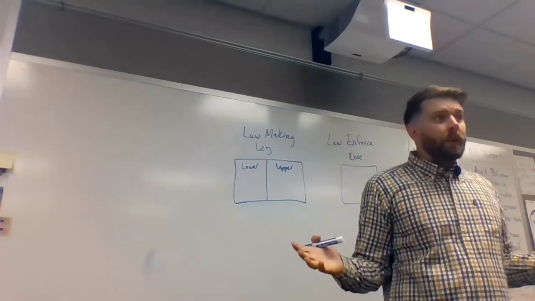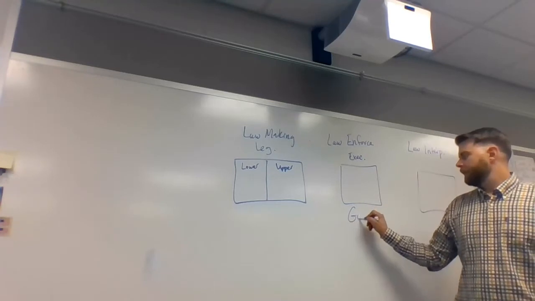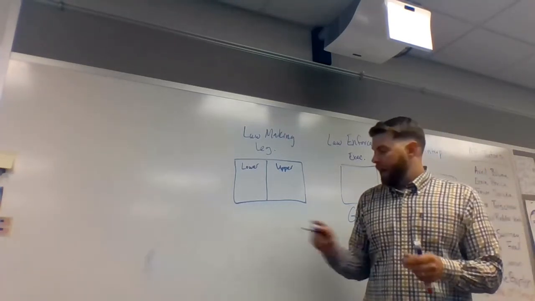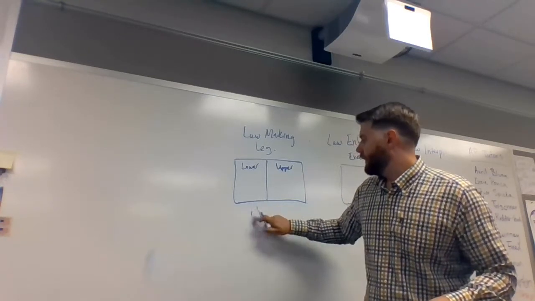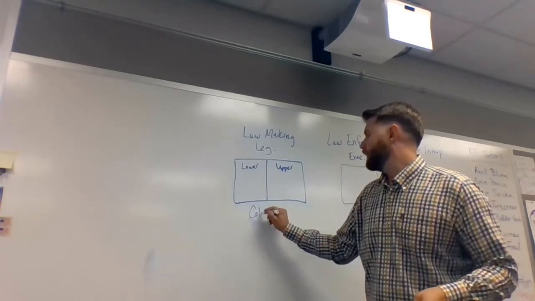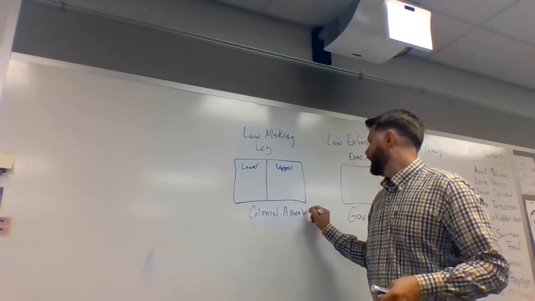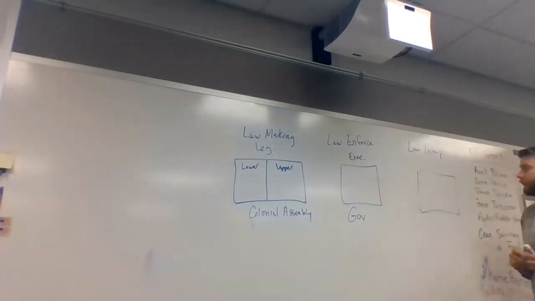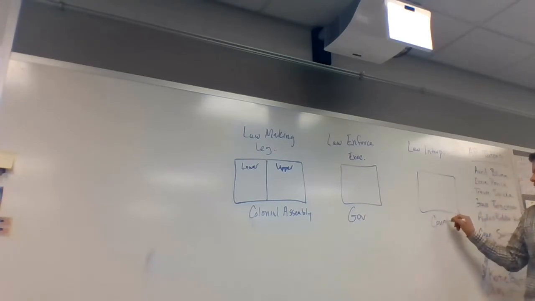At the state level or the colonial level, well, that is the governor, okay? I'll call this the Colonial Assembly. And then, of course, to interpret the laws, we have the courts, right?